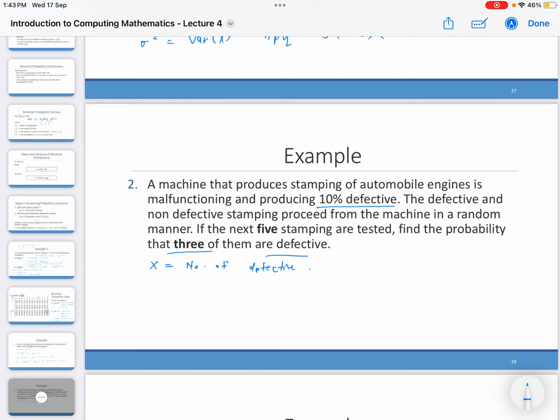Okay, and then for this one, since defective count as success, so we know the probability of success is the probability of defective, which is 0.1. Okay, and then we can get Q is 0.9. Okay, and then N, the number of trials. So since we want to test 5 stamping, so the N is 5. So we can say X is the binomial distribution with N equals to 5 and then P equals to 0.1.